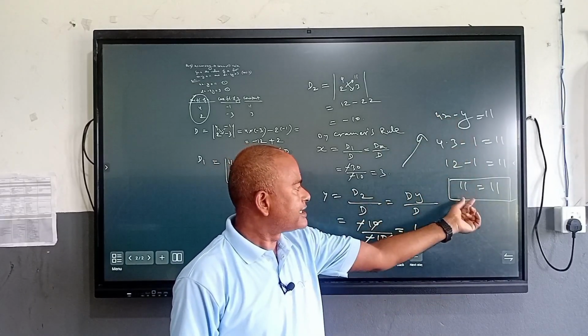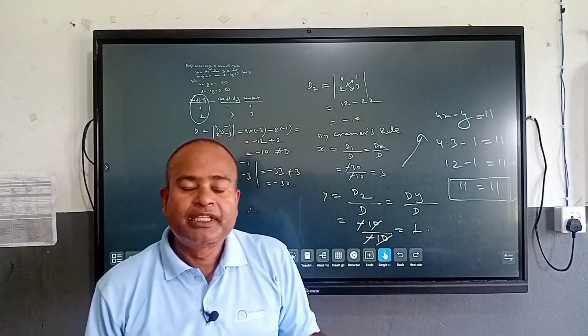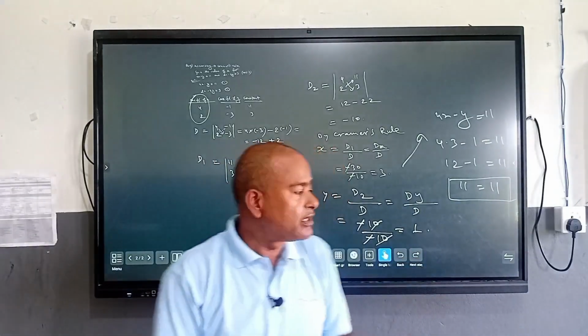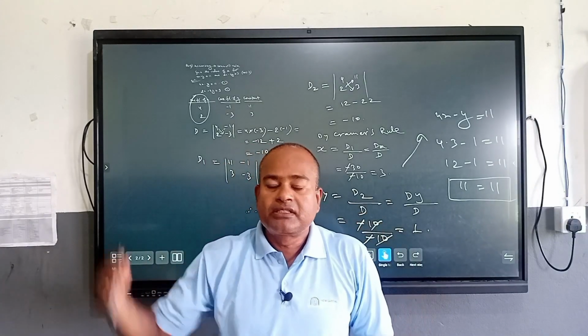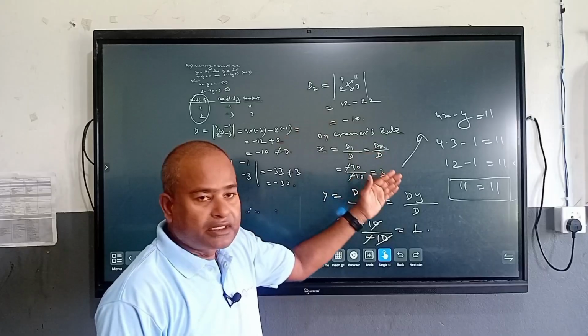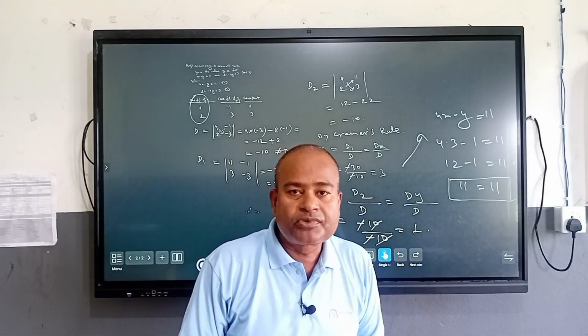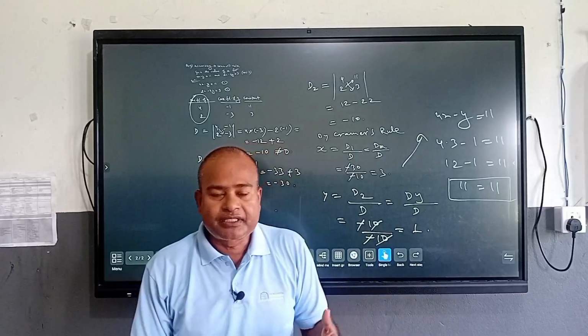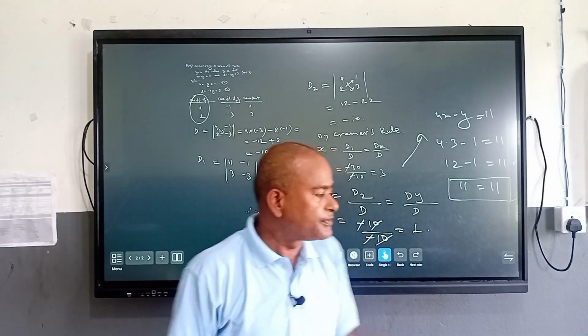The value of LHS and the value of RHS are both equal. That means the values of x and y which we have found satisfy the first equation. Similarly, we can check that the values of x and y satisfy the second equation also. So this is the process to check our answer. In the exam, if you have time, you can check your answer also.